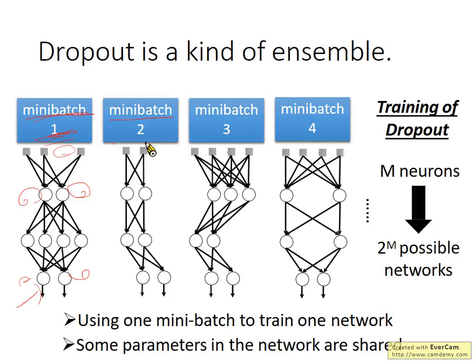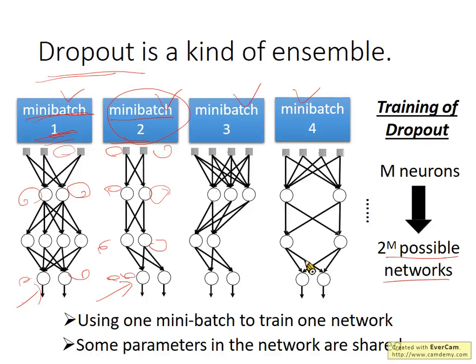The second mini batch can be viewed as the second training data set. Then we discard other neurons and construct a different network. This is network number 2, and so on. So we can view dropout as constructing several thinner networks based on different training data.